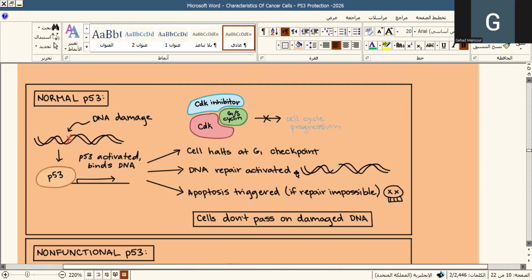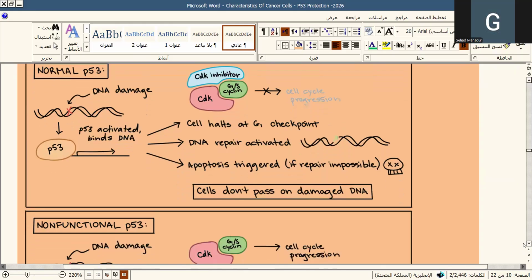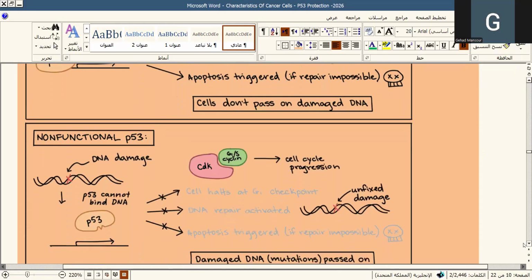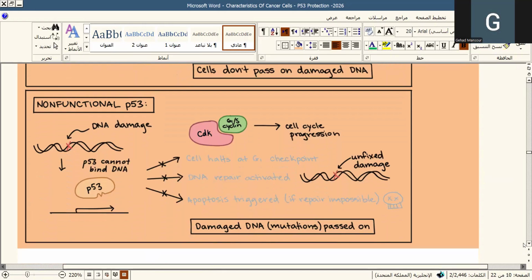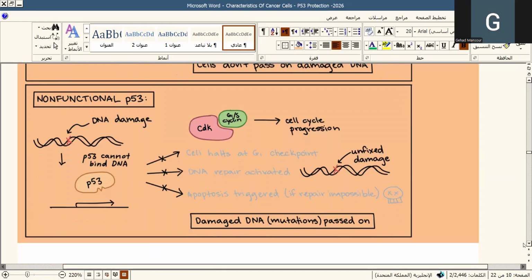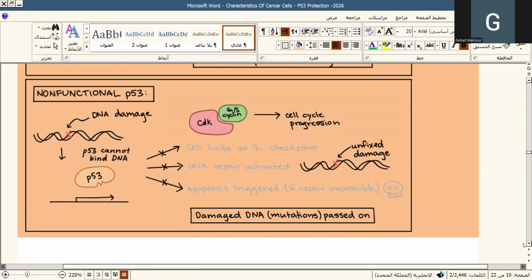And if the damage is extensive and the repair fails, then apoptosis is triggered, and the arrest in G0 will be permanent if the repair is impossible. The purpose of all this is not to allow cells with damaged DNA to divide and pass on their abnormal genetic traits to their daughter cells.